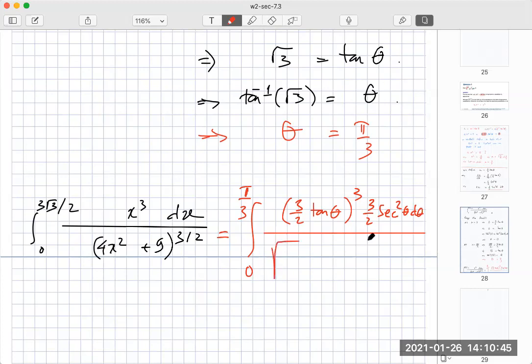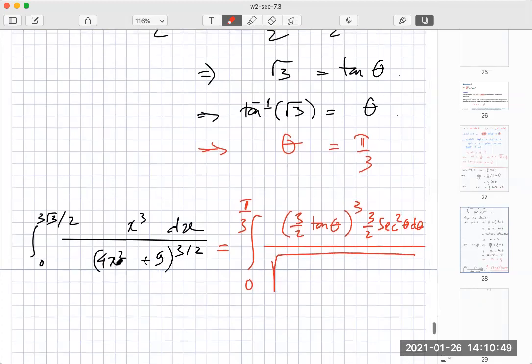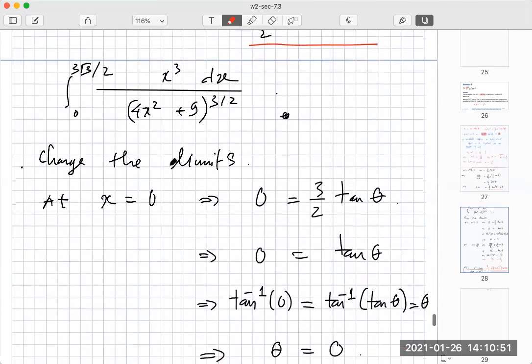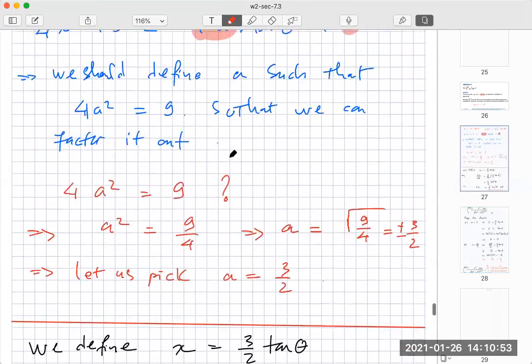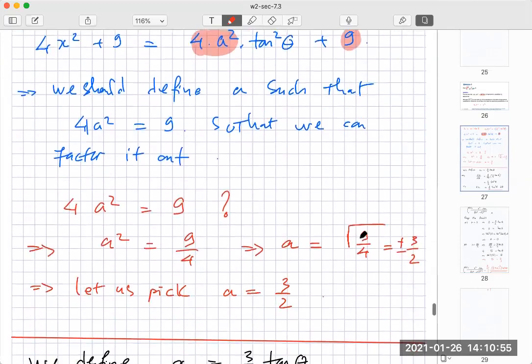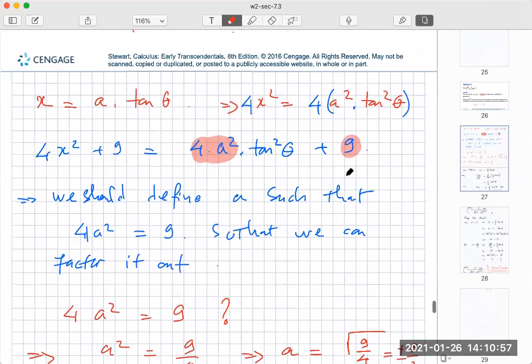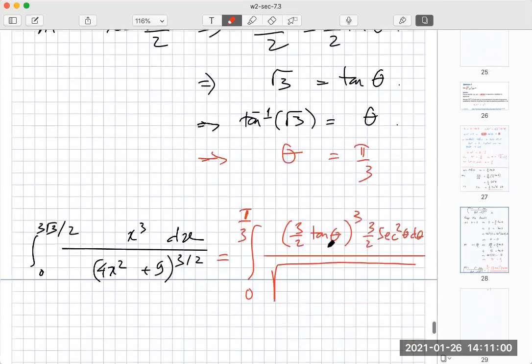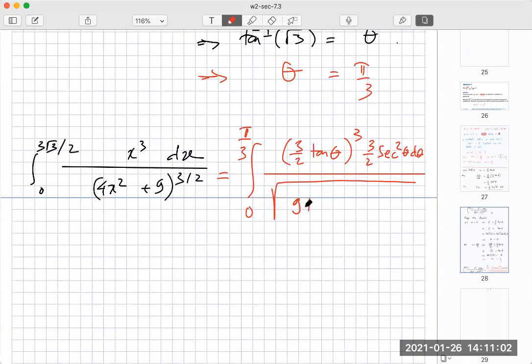The denominator becomes square root of, we know that for x squared plus 9, we do it on top of this. It will be 9 tan squared plus 9.